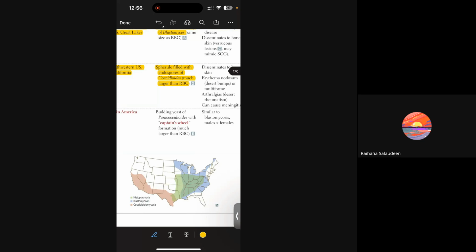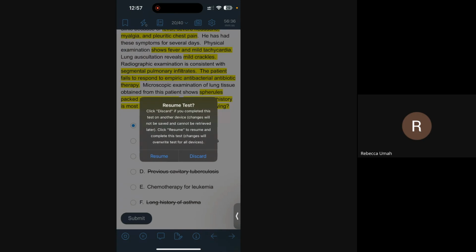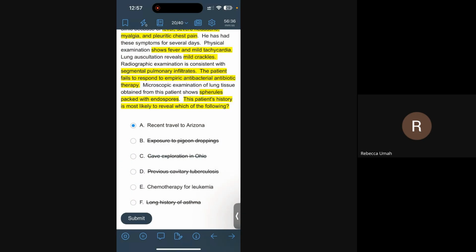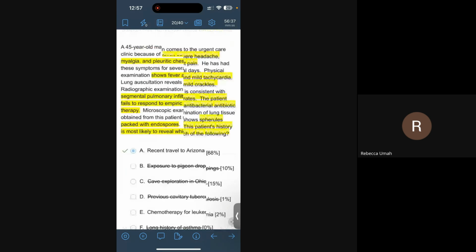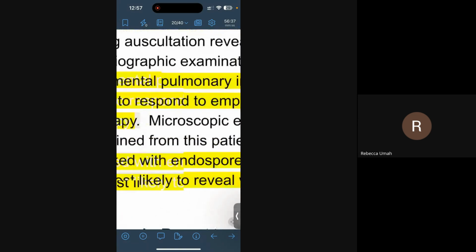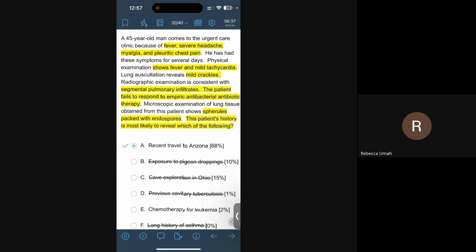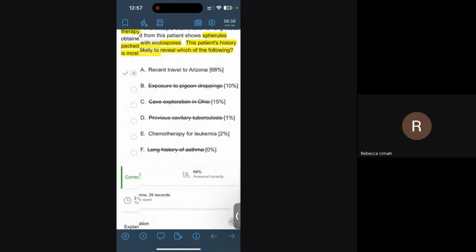That's why the answer is A. The question tells us the lung tissue has spherules packed with endospores, and the infection is not bacterial, because the patient's condition did not improve with empiric antibacterial medication. Okay, let's move on to the last one.